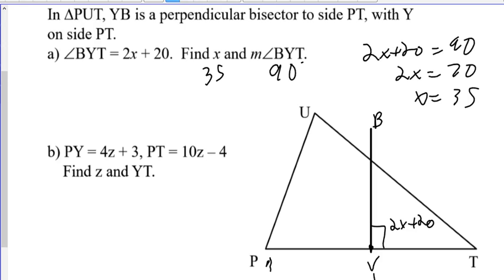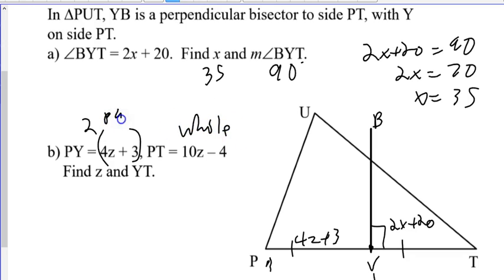Now it says PY is 4z plus 3. And PT, the whole thing, is 10z minus 4. Well, remember, if that's a perpendicular bisector, this piece is equal to that piece. So there's really 2 of these that equal the whole thing here.